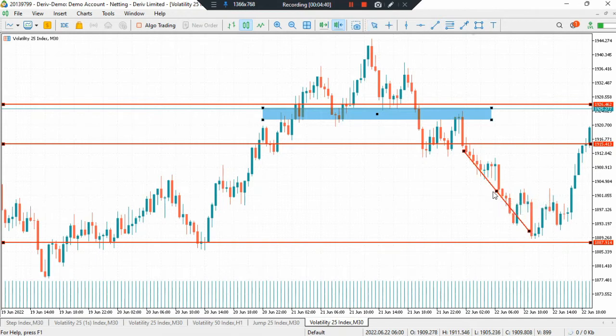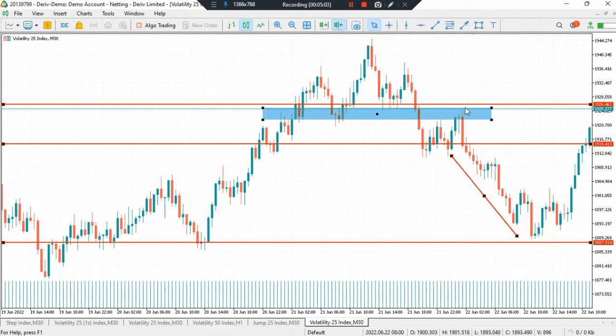This will be your target. So what are we waiting for? We're waiting for price to break below and give us a retest, then you can enter your sell positions. But your stop loss is just above this area right here, so it's a tight stop loss, which means the risk that you are taking on this trade is actually low.